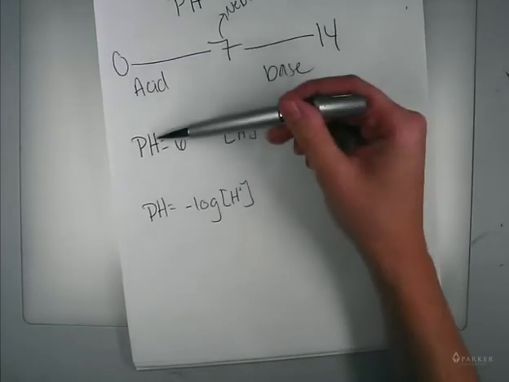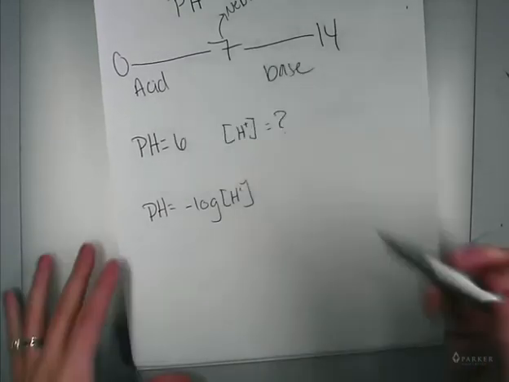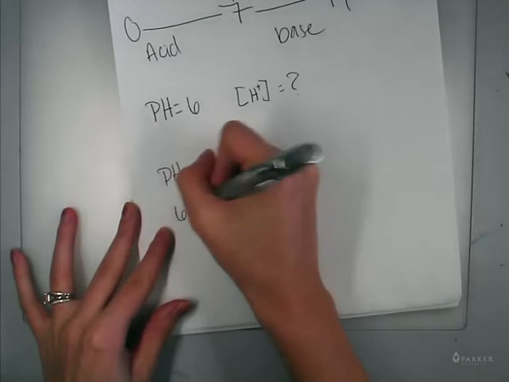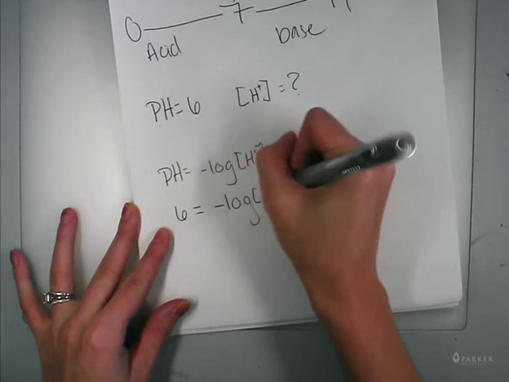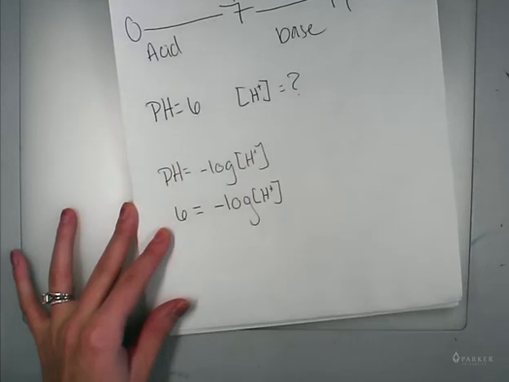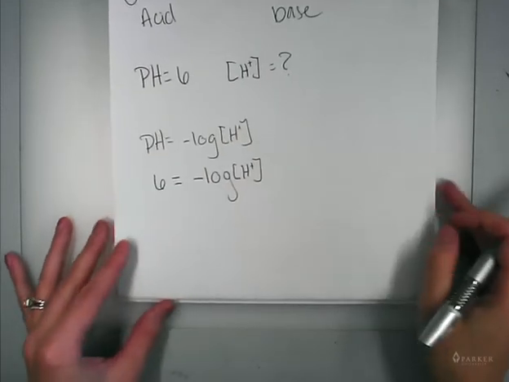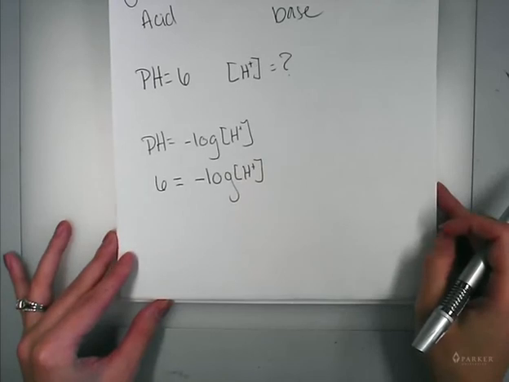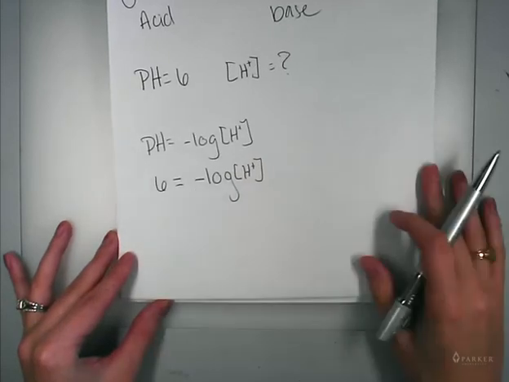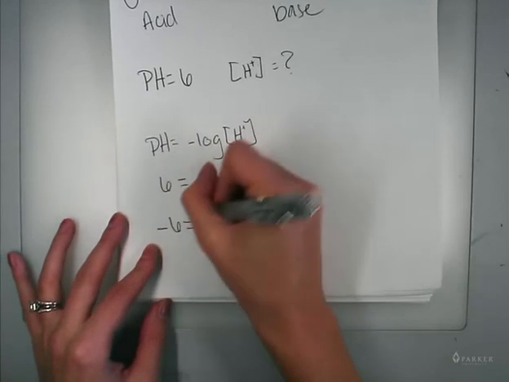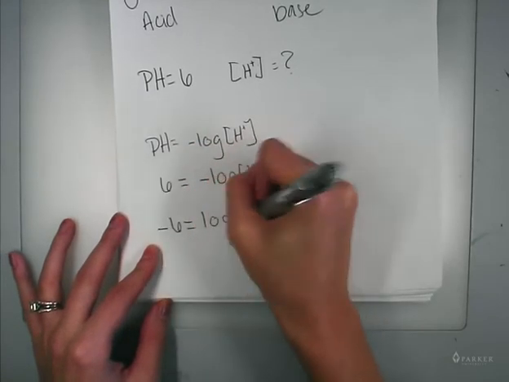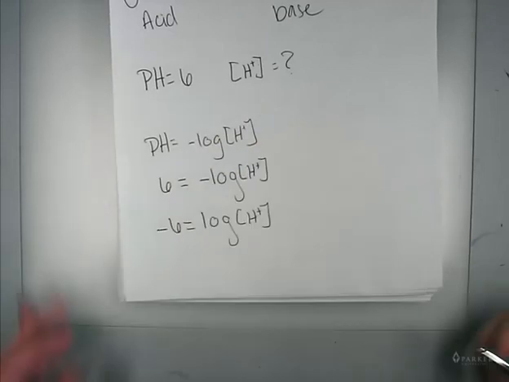Our pH is 6, so let's put that in. The first thing you're going to do is bring over the negative sign. Now we have negative 6 equals log of H+. That part wasn't hard.